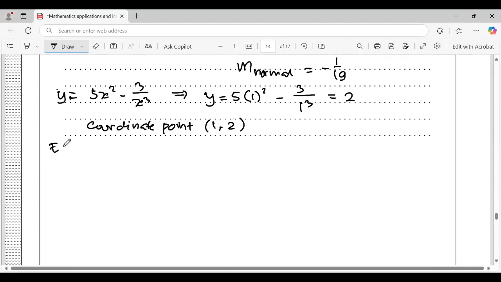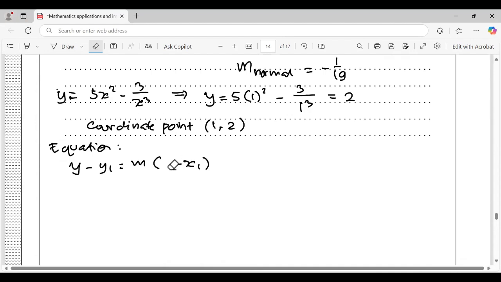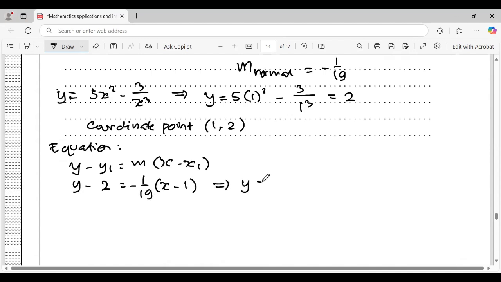After that, the equation, based on this formula, y minus y1 equals m times x minus x1. y minus 2 equals minus 1 over 19 times x minus 1. So y equals minus 1 over 19 x plus 1 over 19 plus 2.